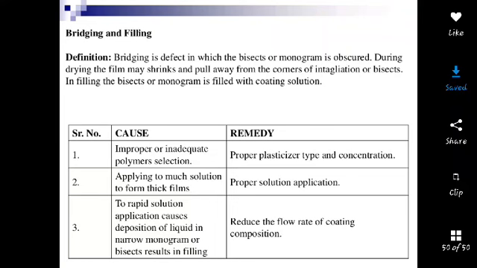It is common in bridging and filling because tablet coating is a multi-step process, so it has to be made in isolation. So the proper polymer concentration and plasticizer should be there, or the flow rate has to be reduced.